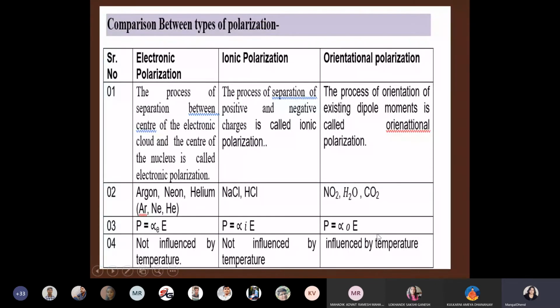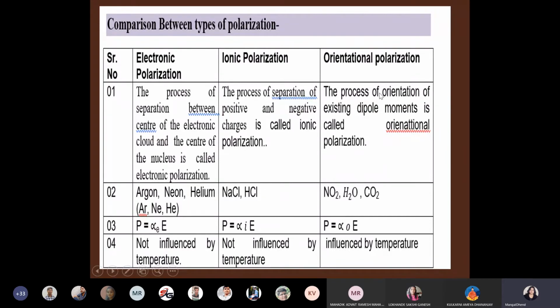Now what is the difference between electronic polarization, ionic polarization and orientational polarization? So see, electronic polarization is the process of separation between the center of the electron cloud and the center of the nucleus. Ionic polarization is the process of separation of positive and negative charges.